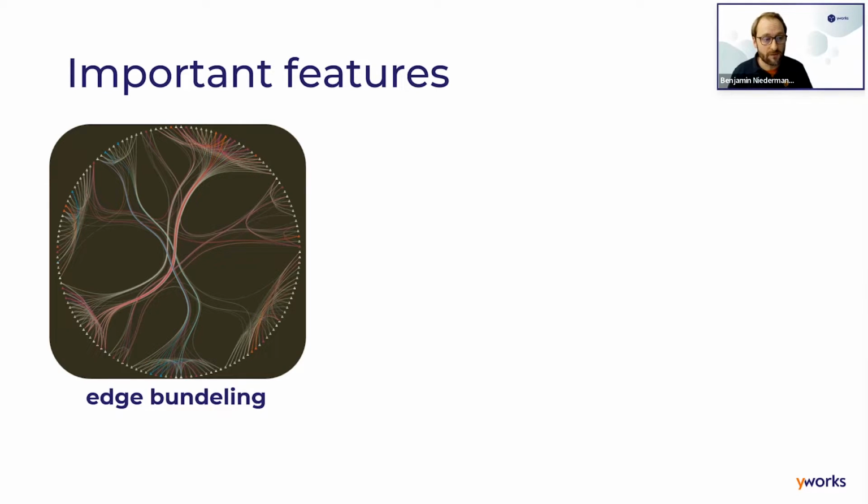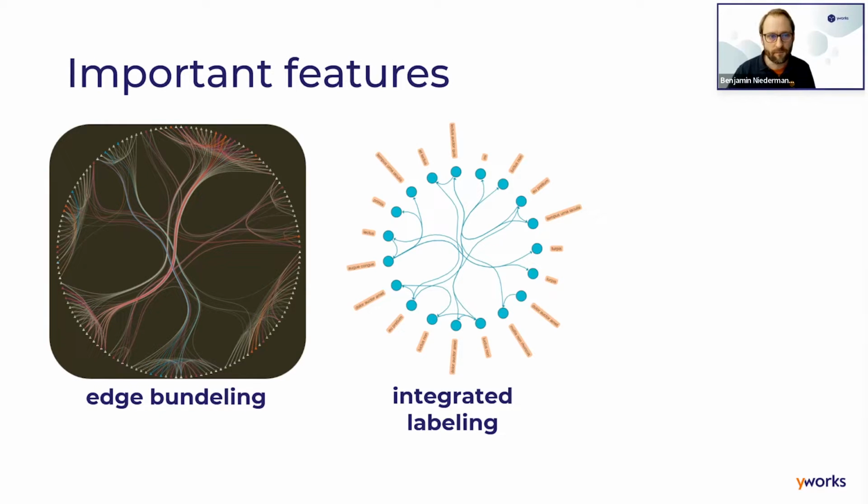So one feature, as I already showed on the first slides, is edge bundling. Here the idea is that the edges are bundled together, and in fact you can also configure or customize this so that you can say which of the edges should be bundled. Another feature is integrated labeling.